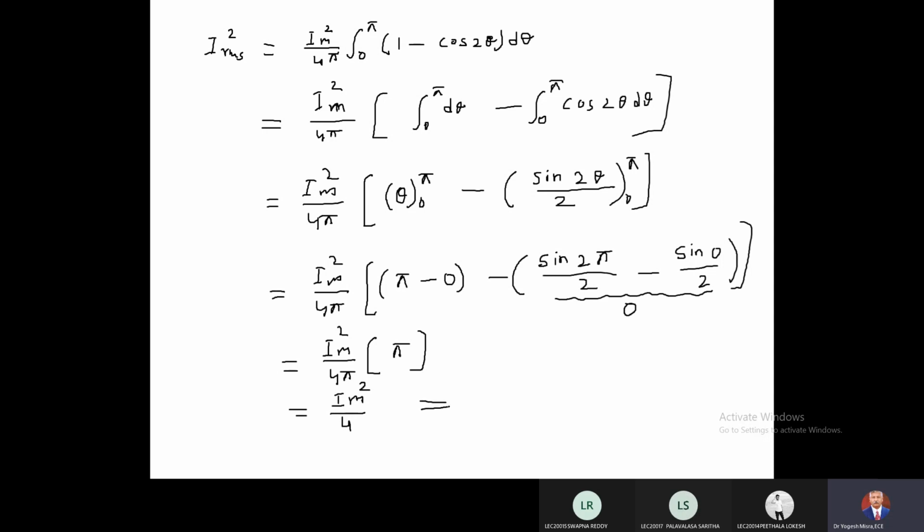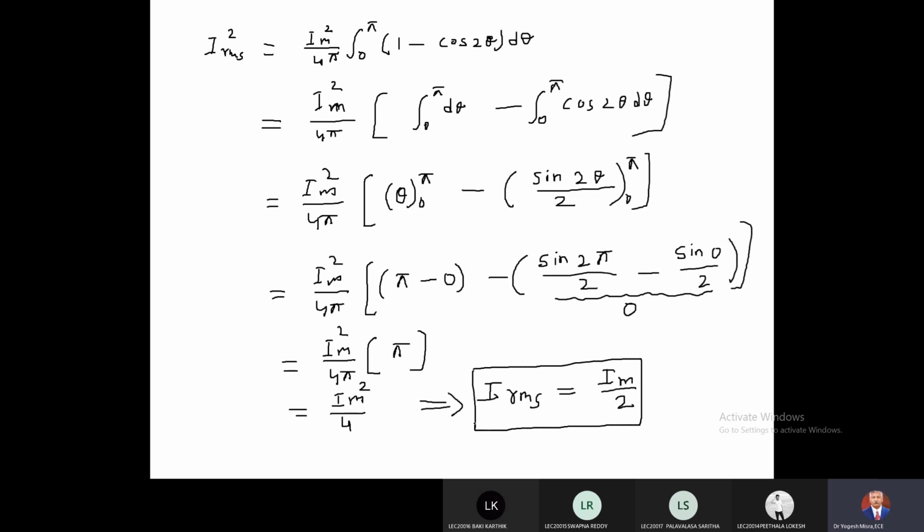And therefore your I_RMS will be Im by 2. This we will get as the RMS value of the AC signal in a half wave rectifier. Okay.